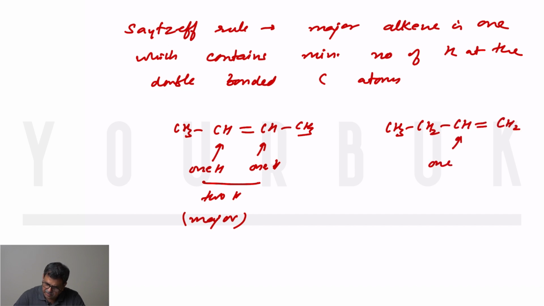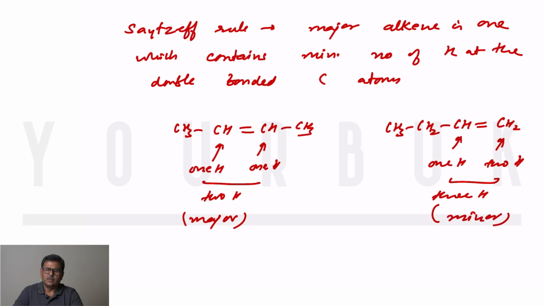This contains one H, this has two hydrogens. So in total you have three hydrogens, right? So this is the minor alkene. So if you are given this type of example, where you have more than one different beta carbon, you write all possible alkenes, then you apply the Saytzeff rule, select the major product and write your answer. Now suppose you are given this.